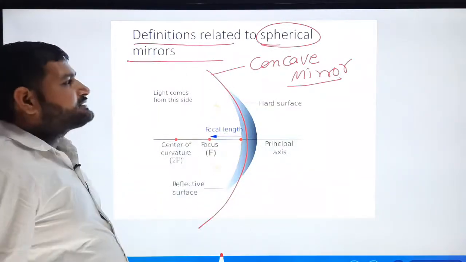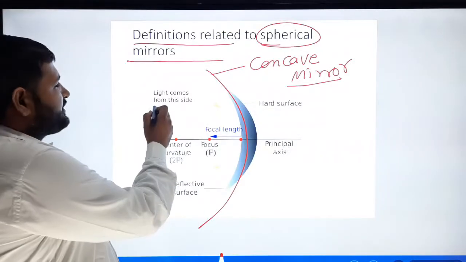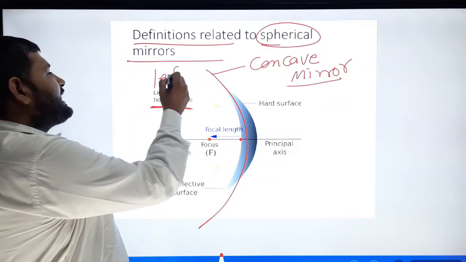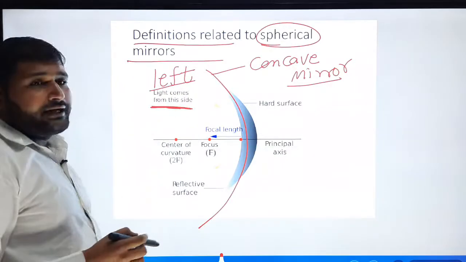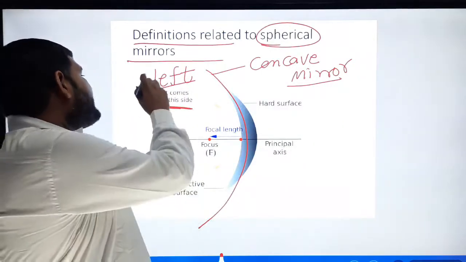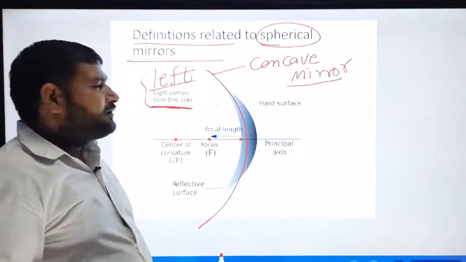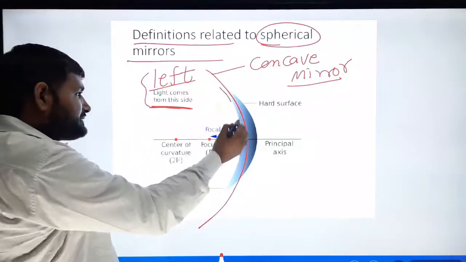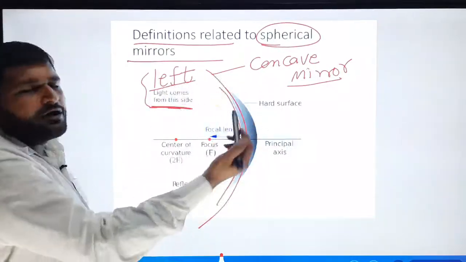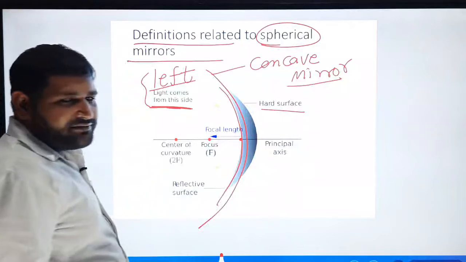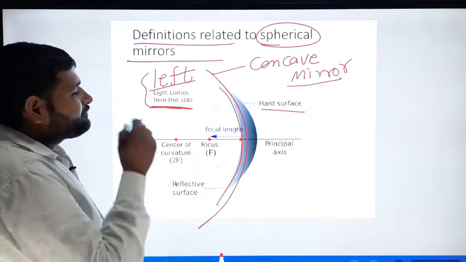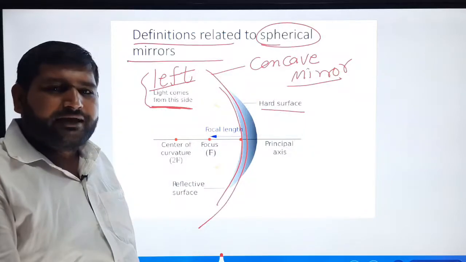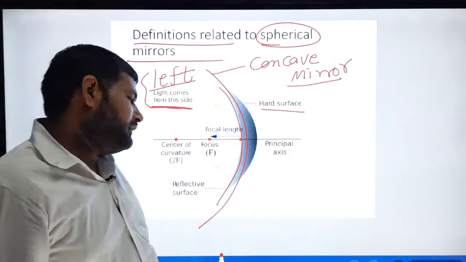Here light comes from the left side, and the reason is that the object is always placed on the left side. This is the reflecting surface, and this is a painted or hard surface which blocks the transmission of incident radiation. Now we will cover the parameters related to spherical mirrors one by one.